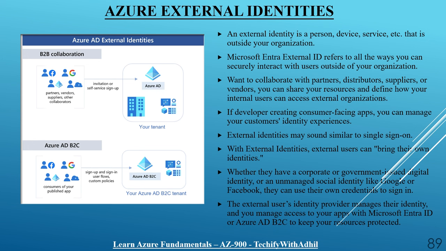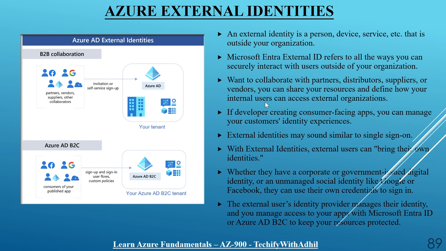So we let the user keep their own ID, which is managed by their own organization with their security terms, and they are allowed to access only the groups or resources that are required for them. Maybe they are a developer or a user who wants to test something, so they can use their own identity to access those particular resources. So in general, this is about the external identities.